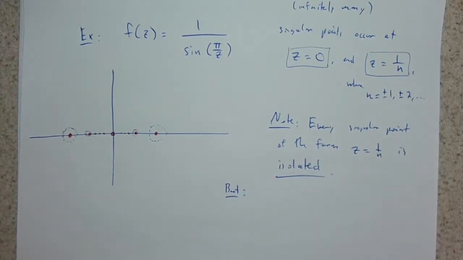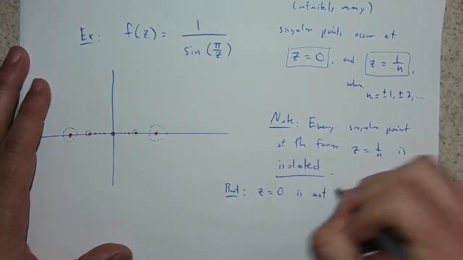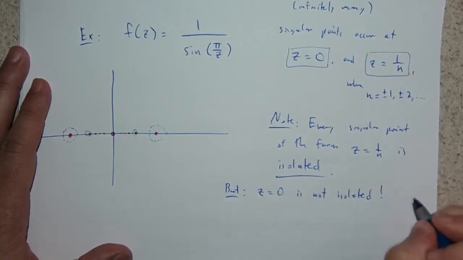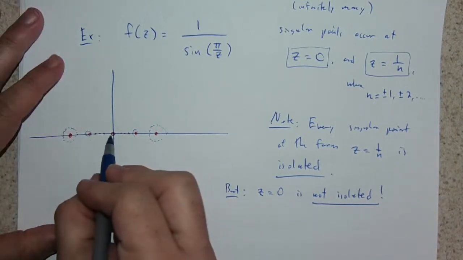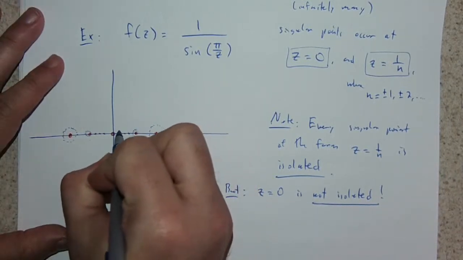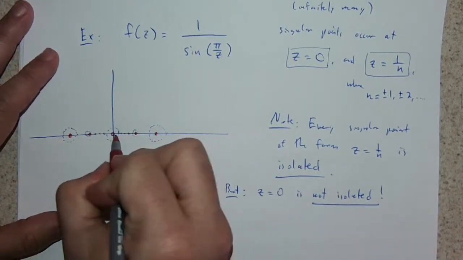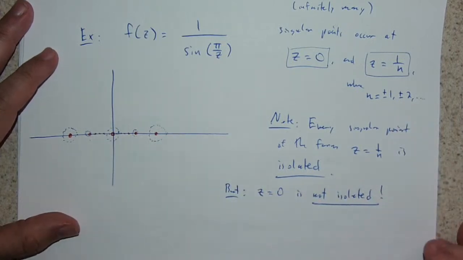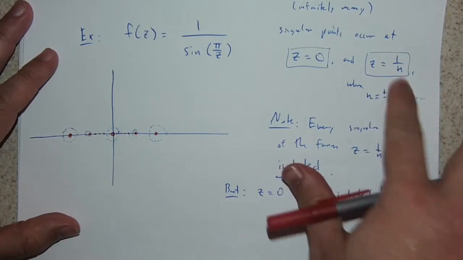z equals 0 is not isolated. Okay. It is a singular point, but it's not isolated. Why? No matter what deleted neighborhood I draw around z equals 0, it is going to contain some singular points. In fact, it's going to contain infinitely many singular points of this form, right? Just let n be bigger.